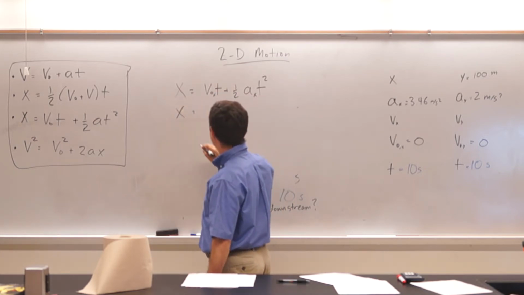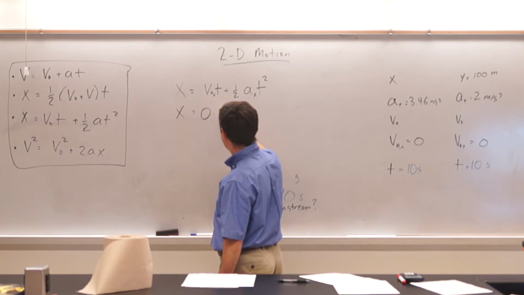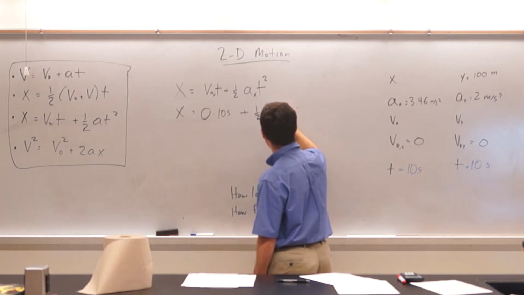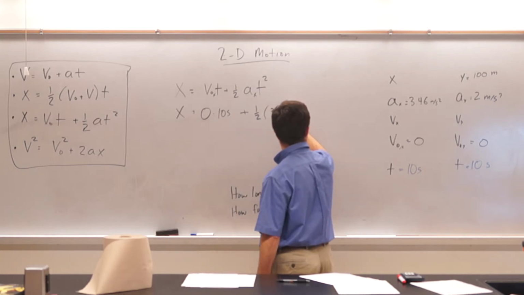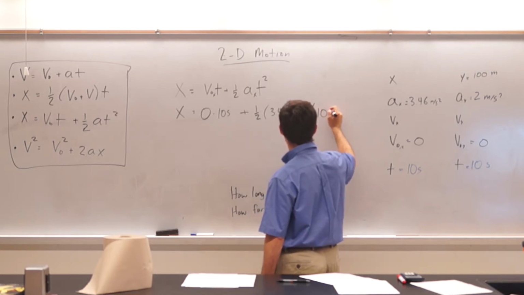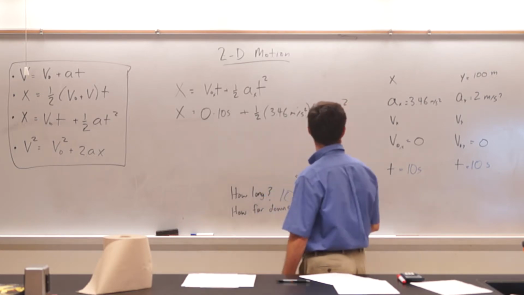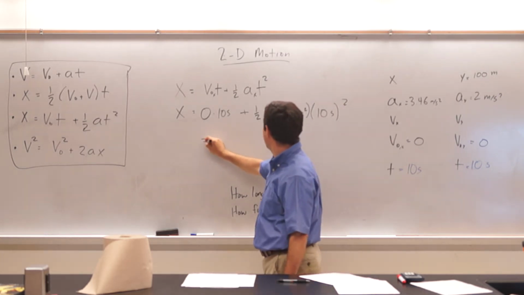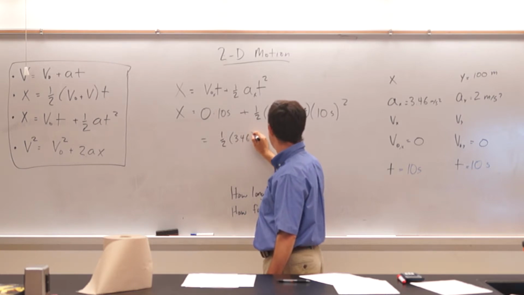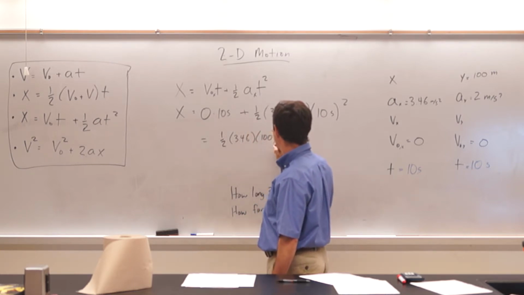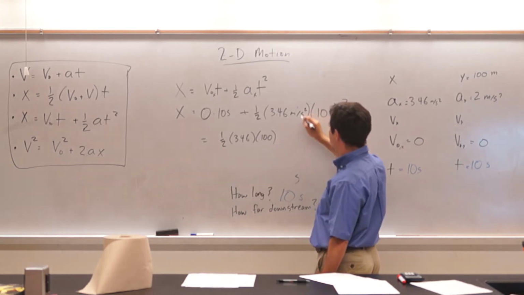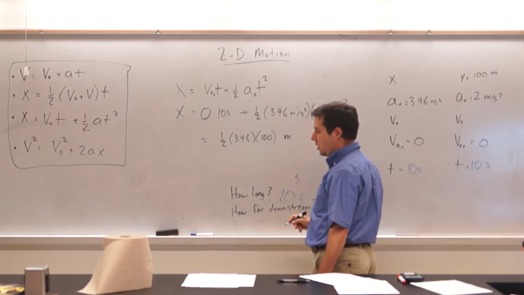So x is equal to 0 times 10 seconds plus 1/2 times your acceleration, which is 3.46 meters per second squared, times your time squared, 10 seconds. So you end up getting 1/2 times 3.46 times 100, and the units end up, this seconds once it's squared cancels with that one, so you end up with meters.